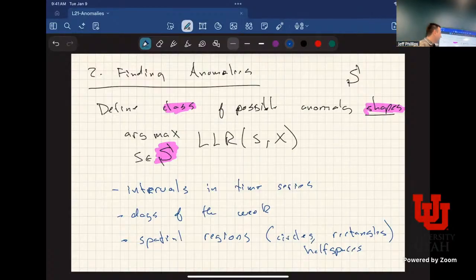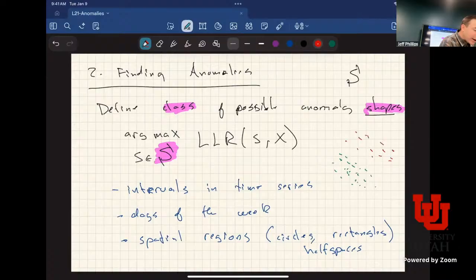You can derive a linear classifier by considering spatial regions. Take logistic regression: if I have data that follows one property here and another property there, and then a half space that says on this side it's different than on this side, you can define much of linear classifiers based on this model.